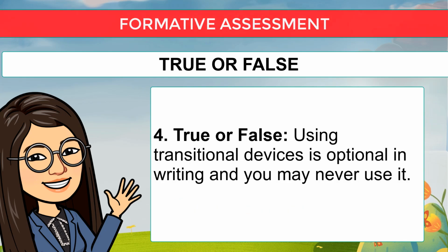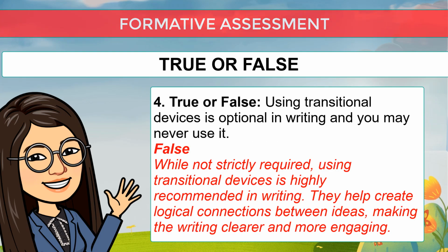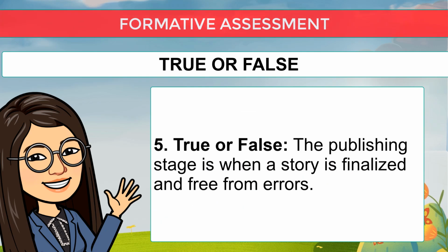4. True or false? Using transitional devices is optional in writing and you may never use it. Answer: false. While not strictly required, using transitional devices is highly recommended in writing. They help create logical connections between ideas, making the writing clearer and more engaging. 5.